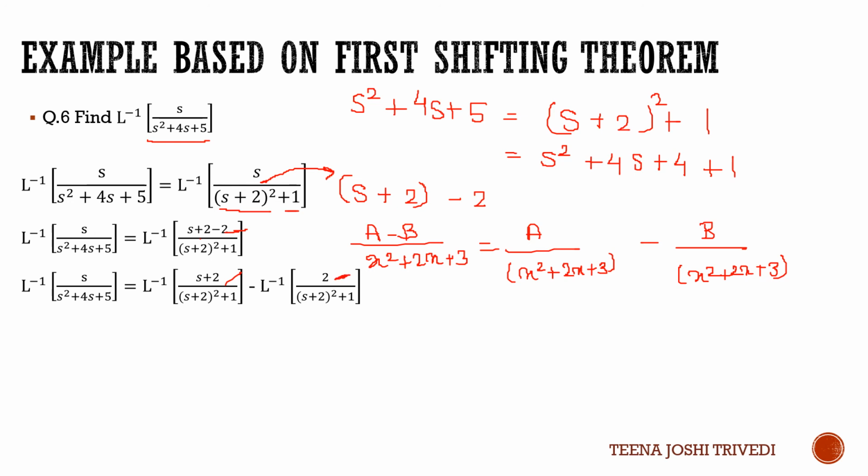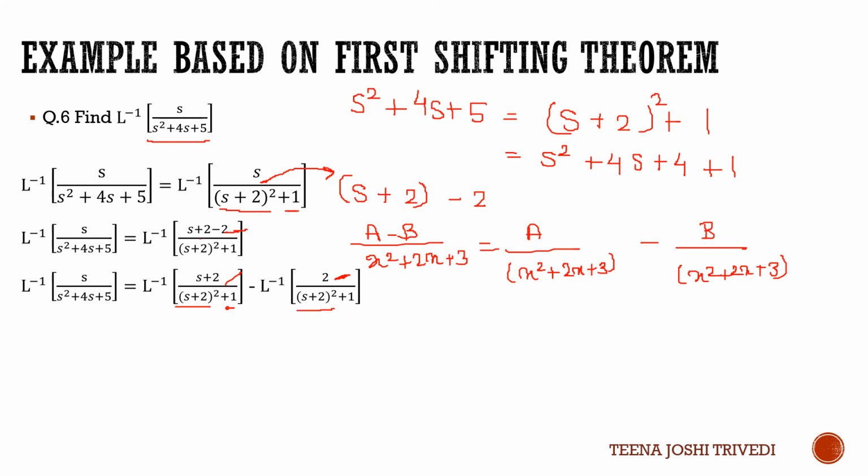So we can separate. Here we can apply the cos formula after the first shifting theorem, and here we can apply the sine formula. So this is (s plus 2) divided by (s plus 2) whole square plus 1, and this is a constant divided by (s plus 2) whole square plus 1.